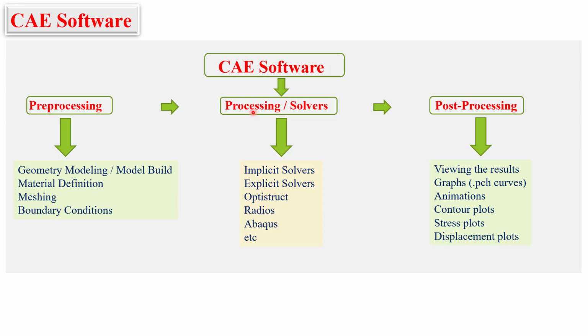In the market, there are some tools which directly do everything, simple tools. Let's say static analysis, simple modal analysis, a thermal analysis. These kinds of things will be done in a single software like SOLIDWORKS, and even we have CATIA and then NX, Siemens NX, SolidEdge.